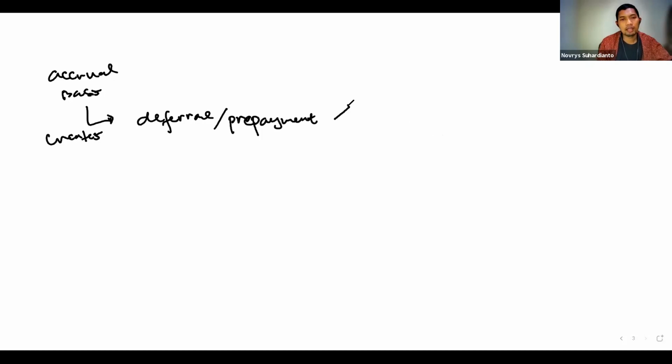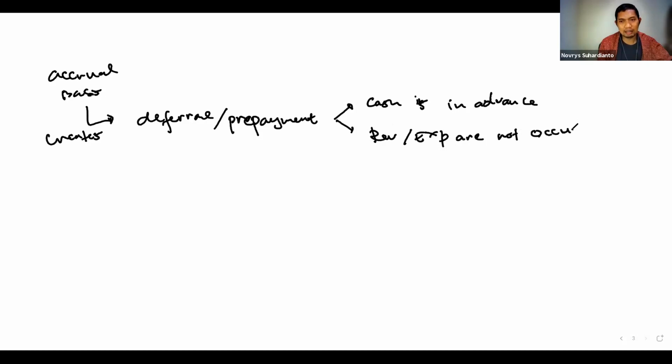It means the cash is in advance. However, the revenue or the expense has not occurred yet.